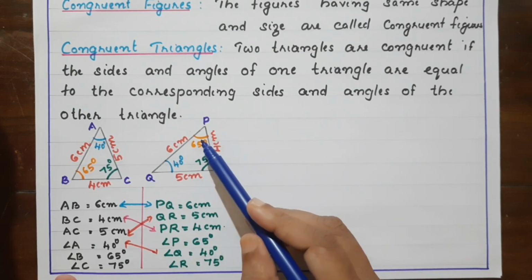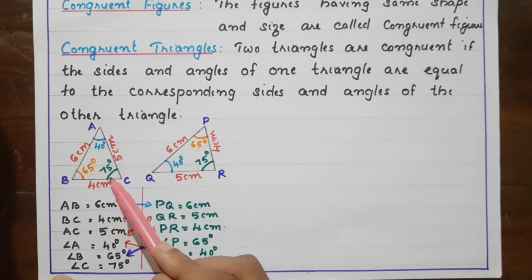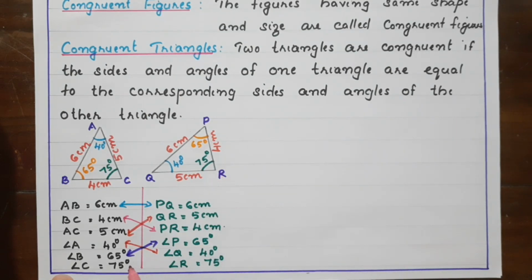Yes, angle P is 65 degree. So we can say angle B equal to angle P. Then what about the third angle? Here angle C is 75 degree. Here do you have 75 degree angle? Yes, angle R. So angle C and angle R are equal.